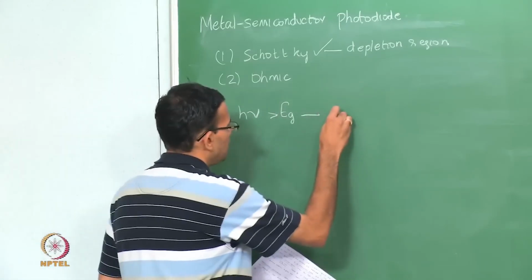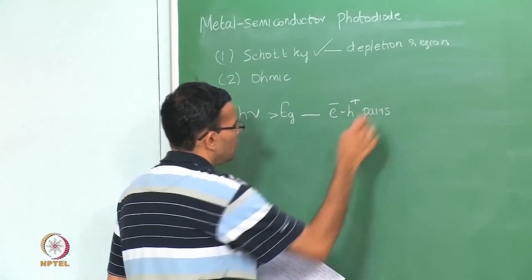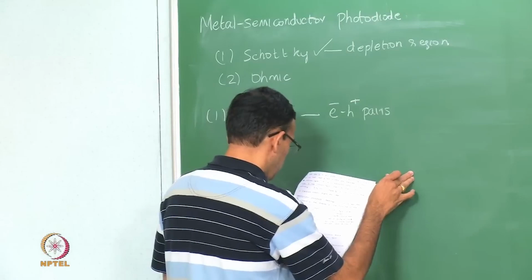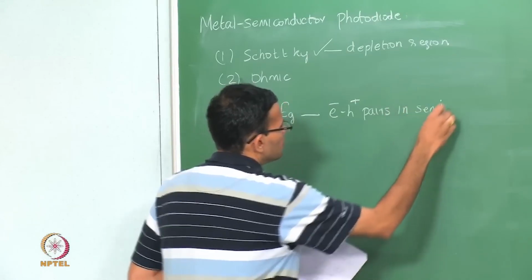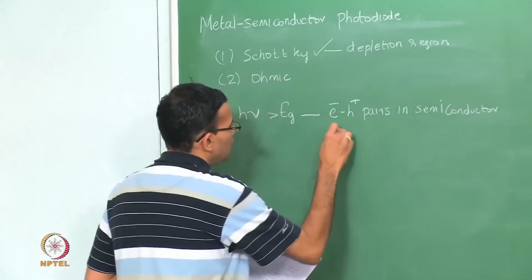Electron hole pairs are created. These are created in your semiconductor and they contribute towards current. So, you have electron hole pairs in the semiconductor that lead to current.